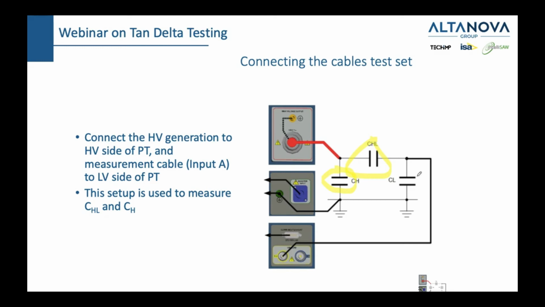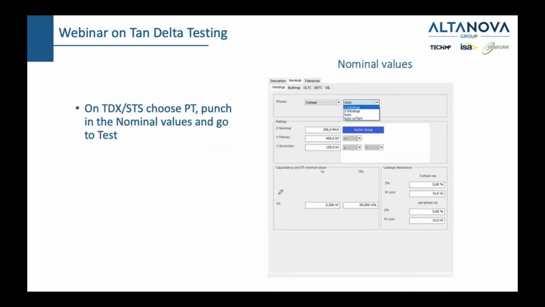Now, as you have connected and grounded your system properly, you need to punch in the nominal values. It's necessary to say whether you have a 3-phase or single-phase transformer, and whether you have a 2 or 3 winding transformer or an autotransformer with tertiary. That depends on what type of transformer you test.